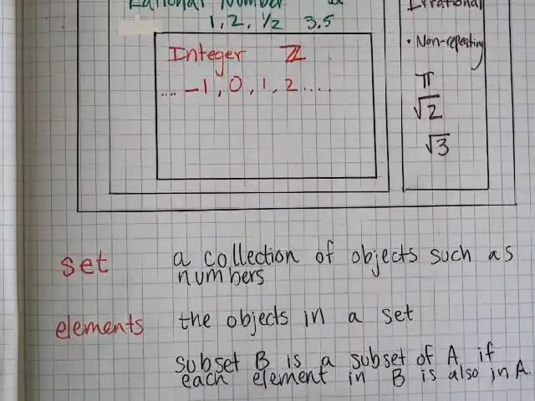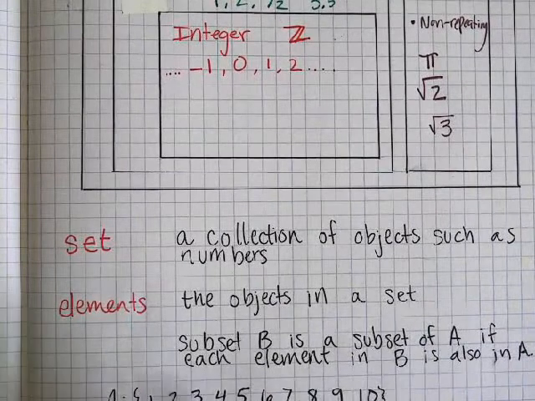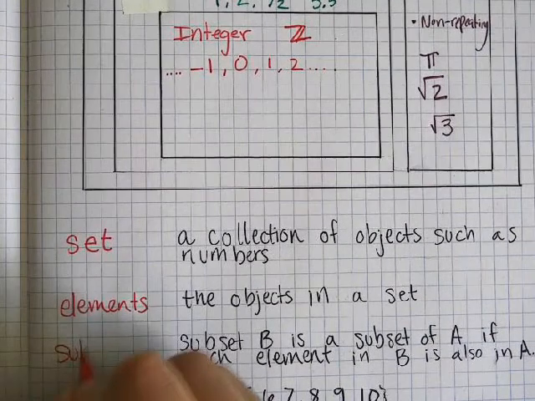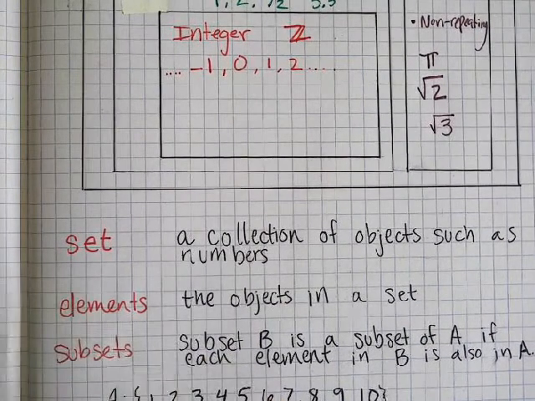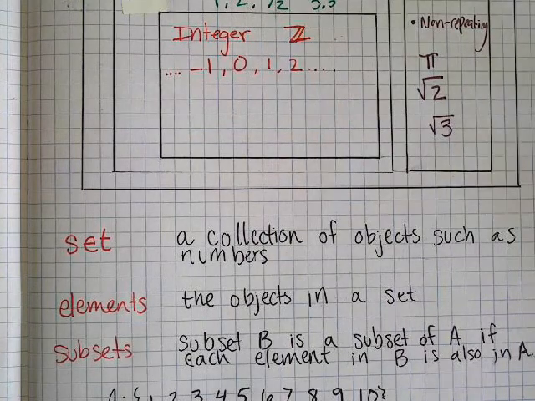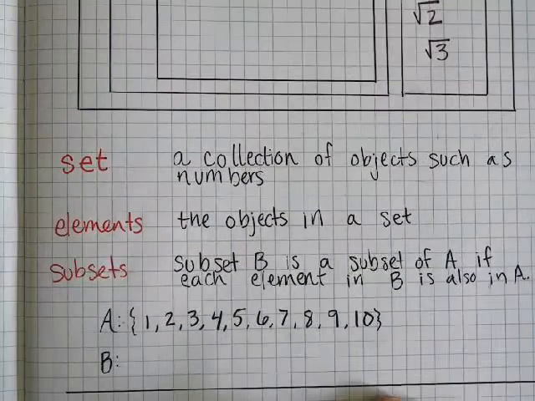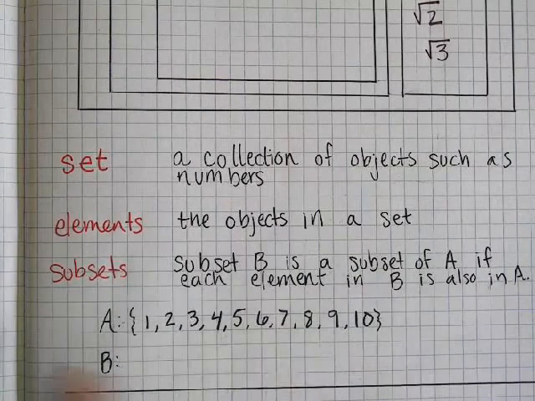All right. And then this last one, it's a little more difficult. A subset. Okay, so subsets. Okay, B is a subset of A if each element in B is also in A. Now that's kind of wordy and it's a little bit difficult to understand, so we're going to do an example here.